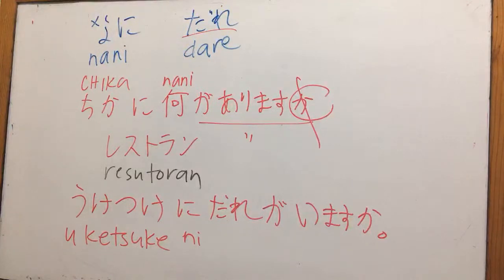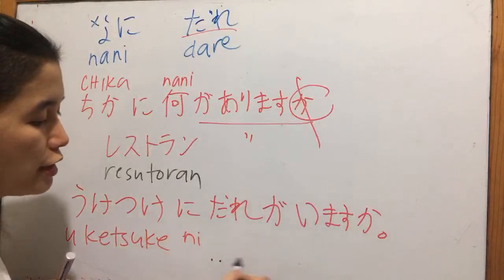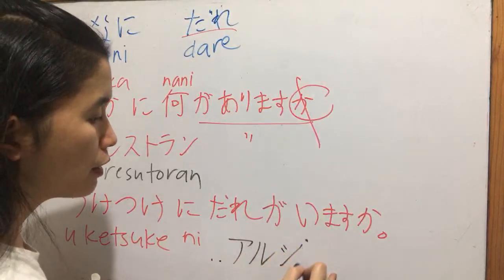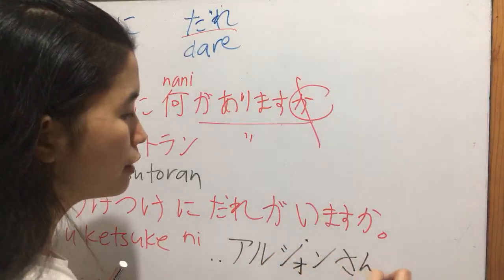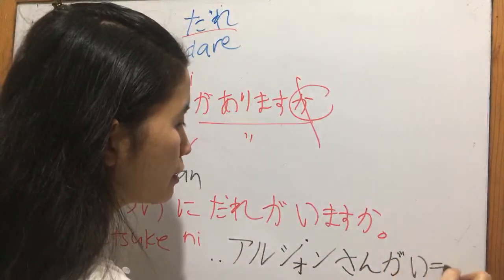For example, Aljon-san. So we have the answer: Aljon-san ga imasu.